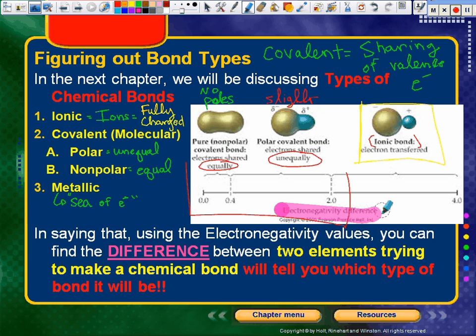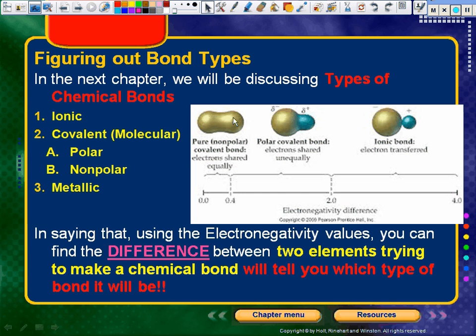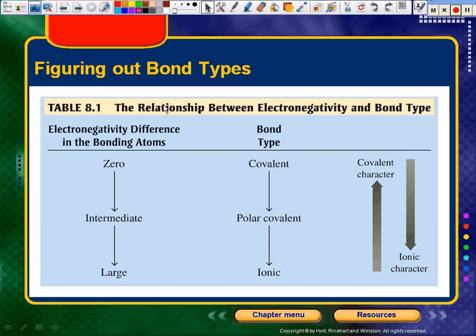Now, the electronegativity difference, do me a favor and write the word math above this. Okay? Do you agree that you could do some math and subtract some numbers? If there is 0 difference, do you agree that would give you equal sharing?